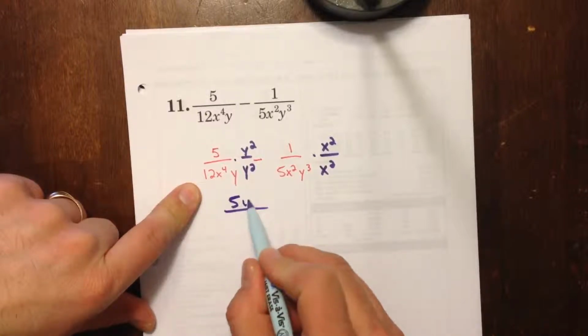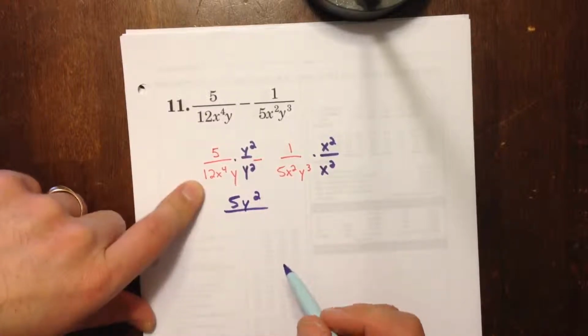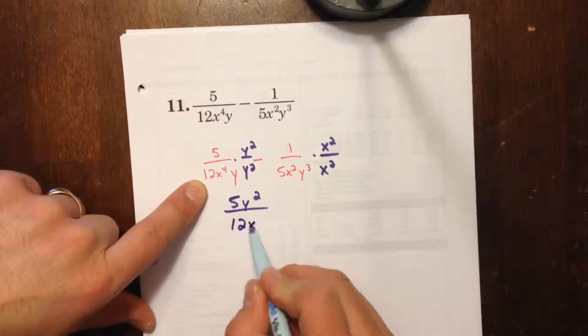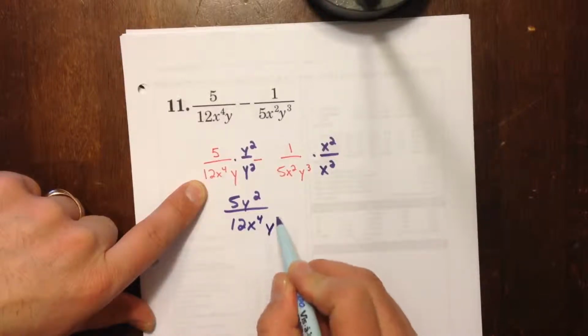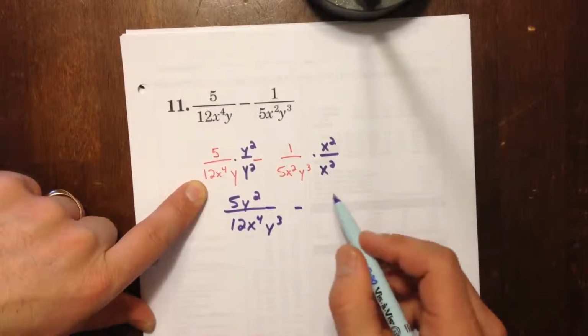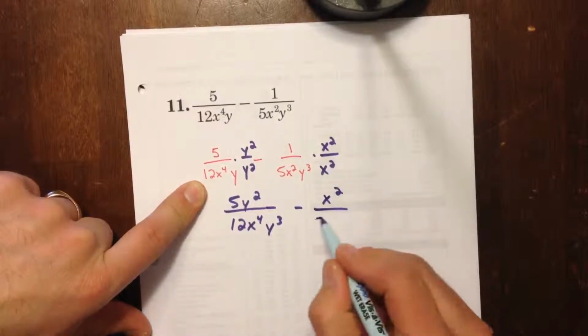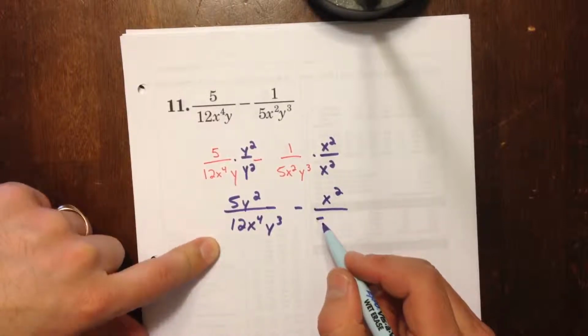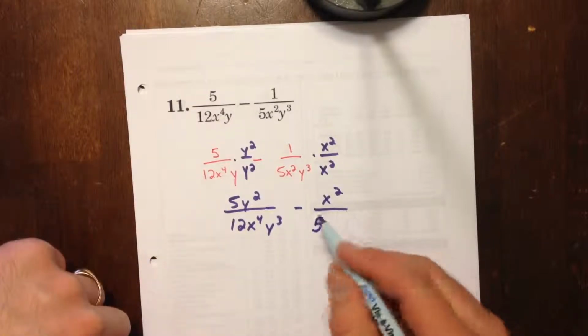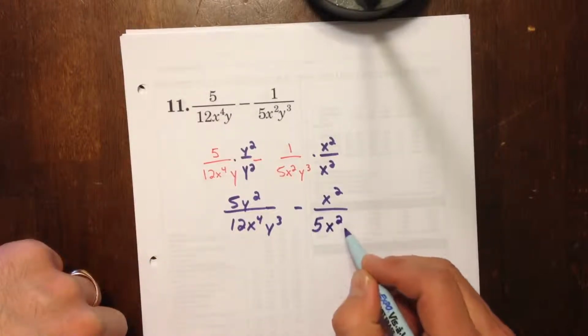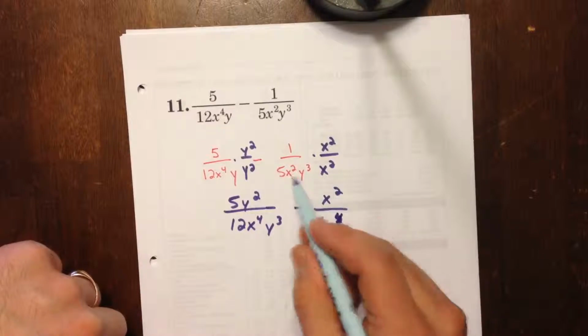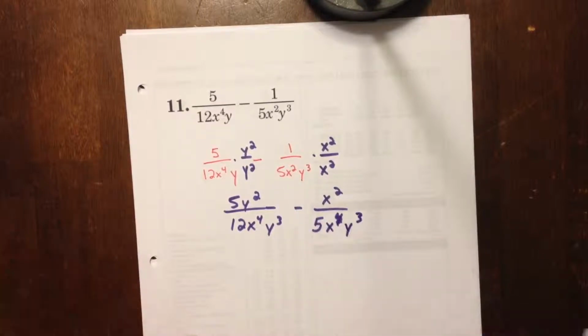So we have 5y squared. Down here I'm going to have 12x to the 4th y cubed minus, so you have x squared up top, and I did it again. It's going to be x to the 4th, y to the 3rd.